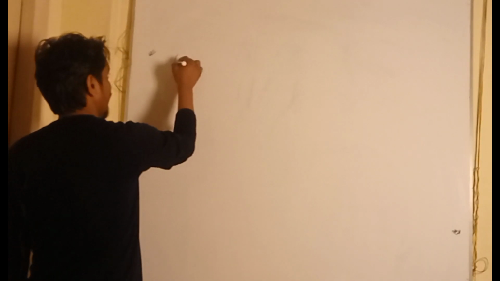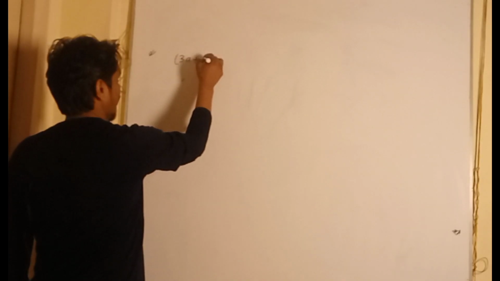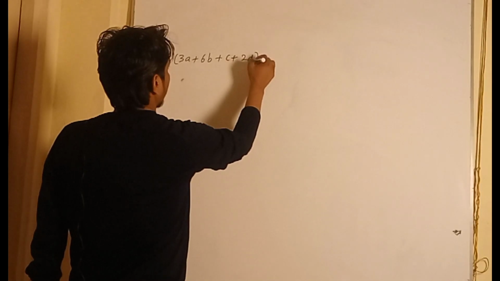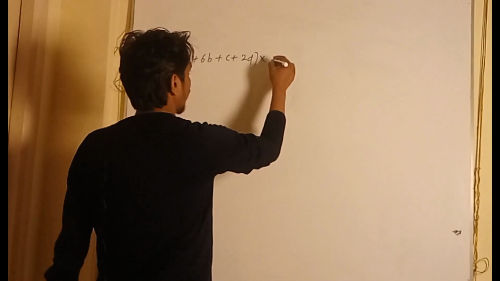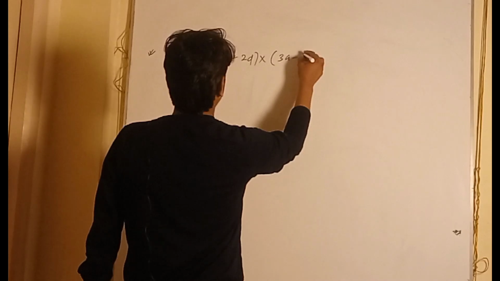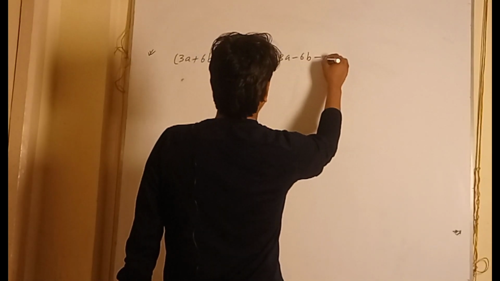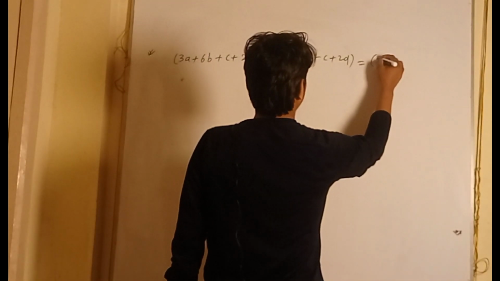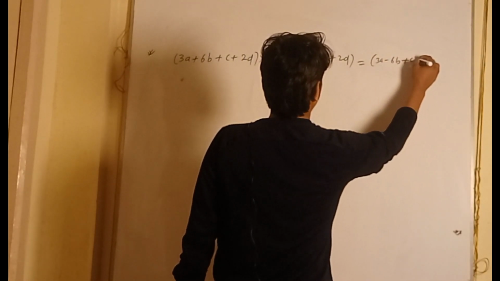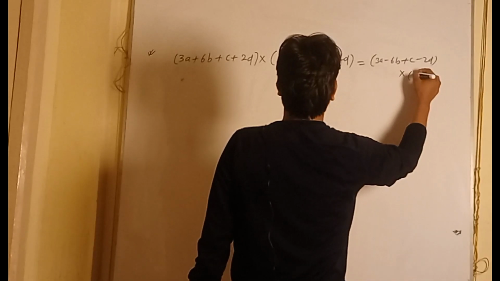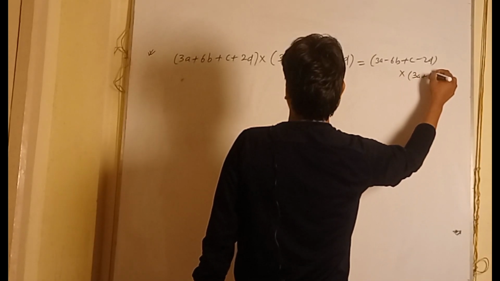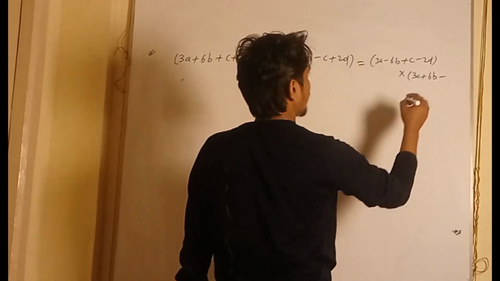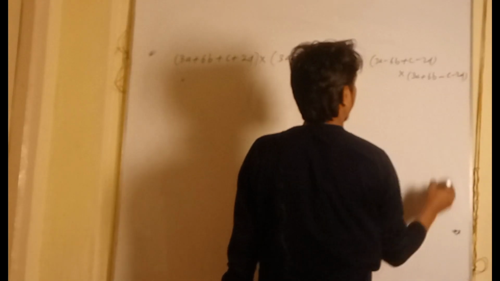So we have given (3a plus 6b plus c plus 2d) multiplied by (3a minus 6b minus c plus 2d) is equal to (3a minus 6b plus c minus 2d) times (3a plus 6b minus (c minus 2d)).